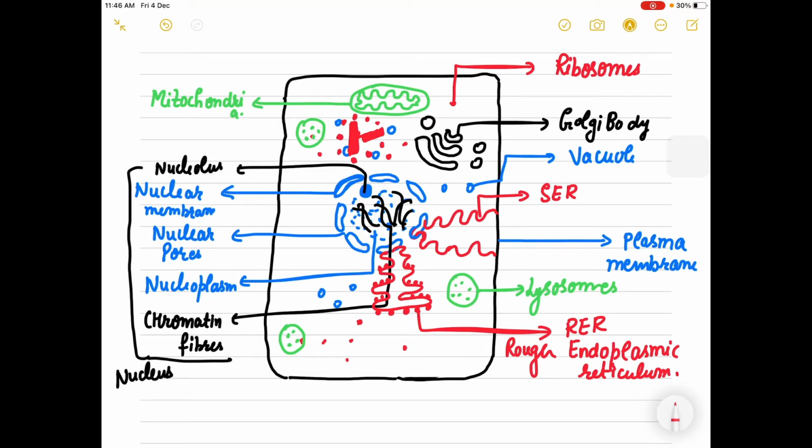Actually this is the correct arrangement, and this whole is known as the centrosome, which helps the cell during cell division.